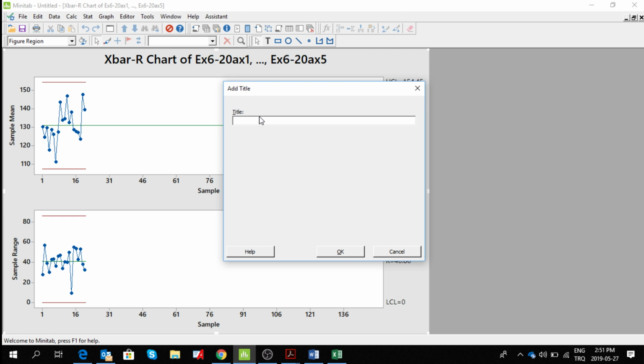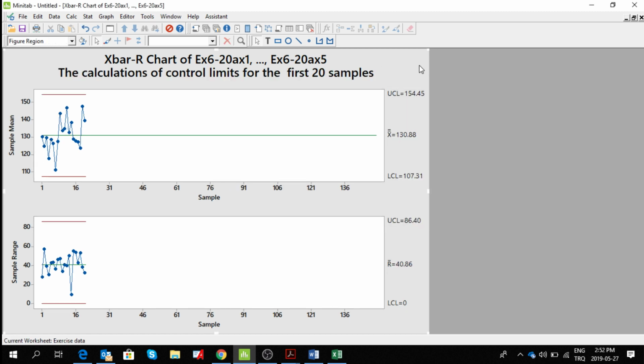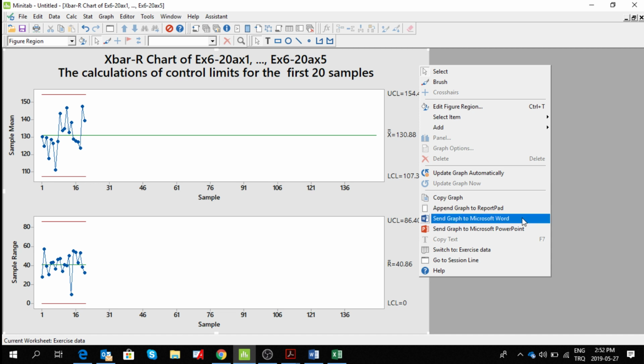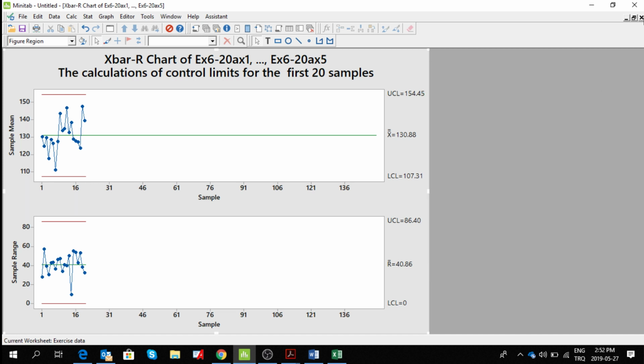The title is calculations of control limits for the first 20 samples. I want to send it to my Word file so that I have a copy in case I need to look at it.